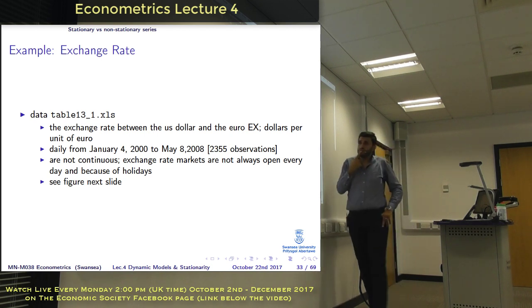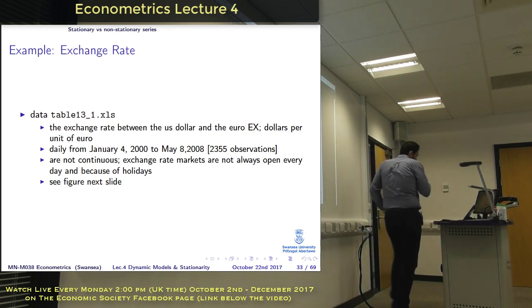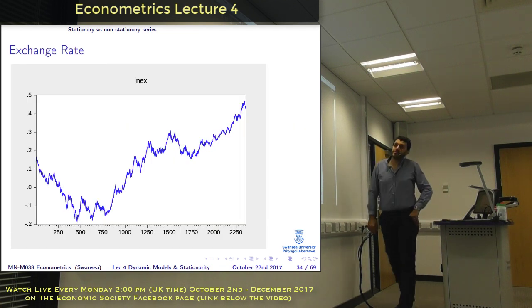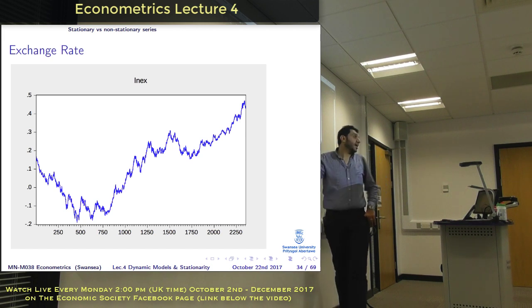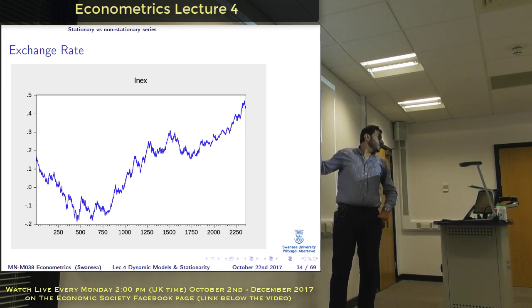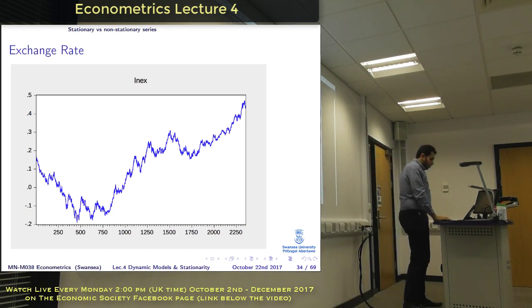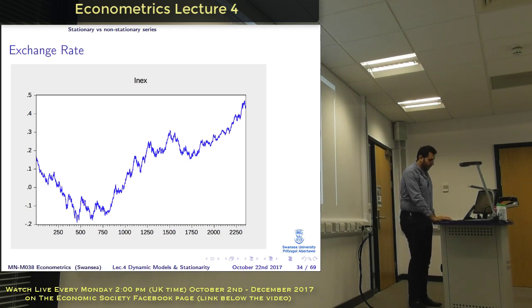It is daily data from January 4th, 2000 to May 8th, 2008. If you plot the data, that's what you see. Over time, it's not a constant mean or variance at all.